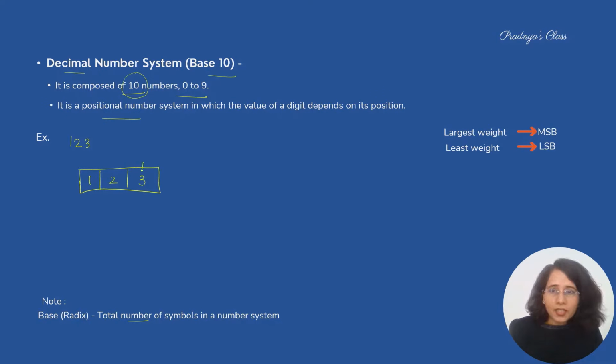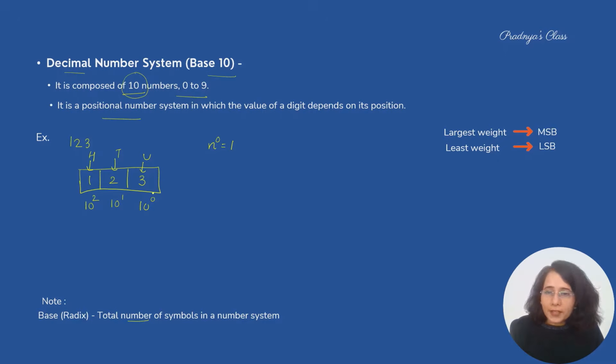So you know 3 is at the unit place, 2 is at the tens place, and 1 is at the hundreds place. We can express this position in the form of power of 10. So this is 10 raised to power 0, this is 10 raised to power 1, and this is 10 raised to power 2. Any number raised to power 0 is equal to 1.